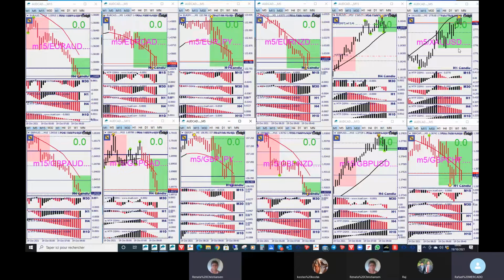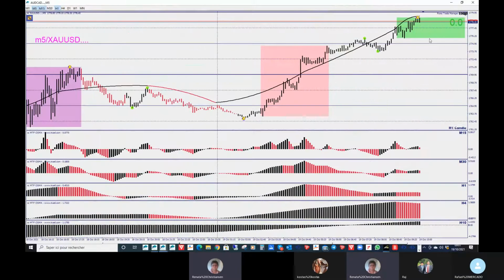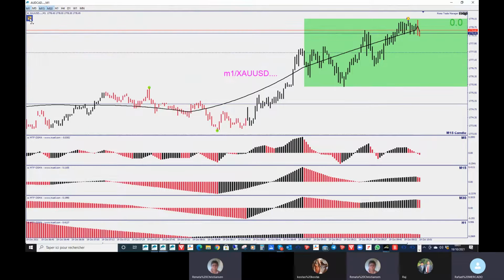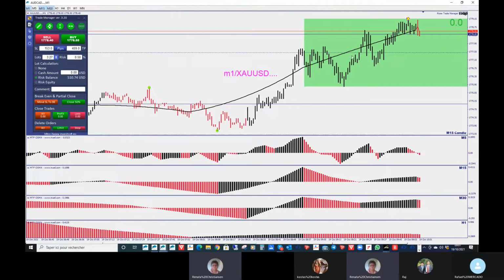Cape gold is changing the color in the bar. We have a 30. We have an entry in the 1 minute. Take it.